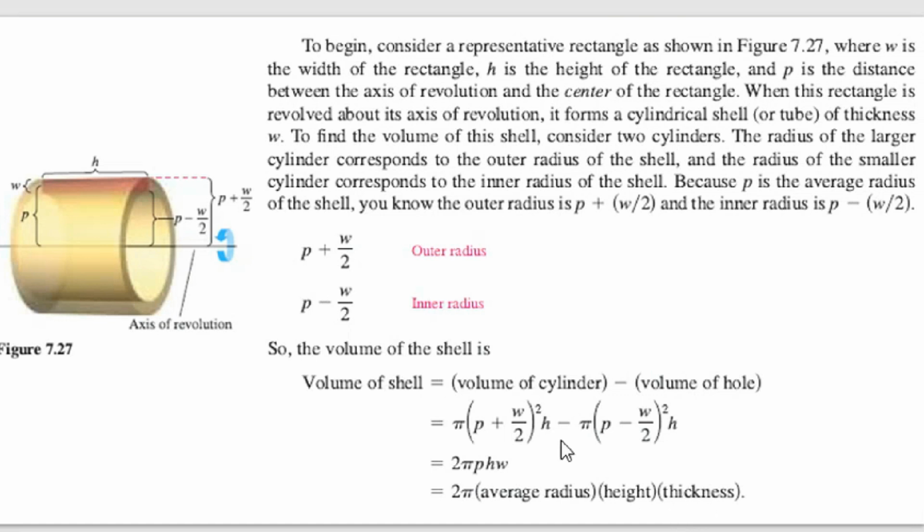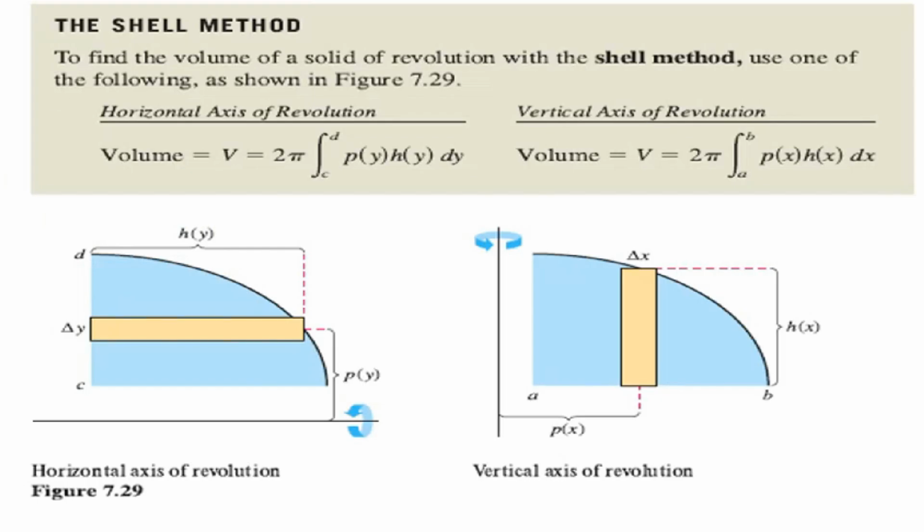So with the shell method, to find the volume of the solid of revolution, use one of the following as shown in this figure. For a horizontal axis of revolution, we use the formula V is equal to 2 pi times the integral of P of y times H of y dy, with the interval from c to d.